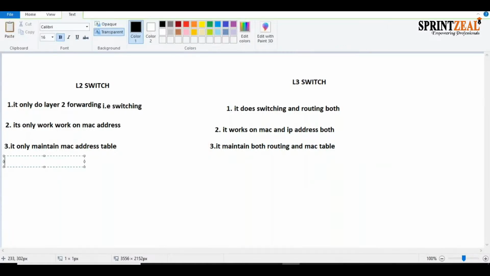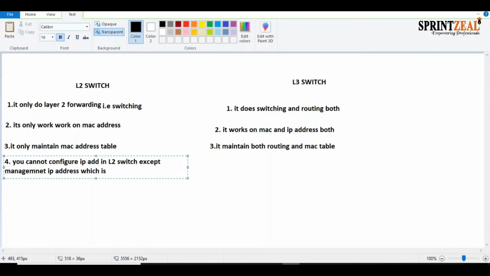Fourth, you cannot configure an IP address in an L2 switch except the management IP, which is given to VLAN 1.